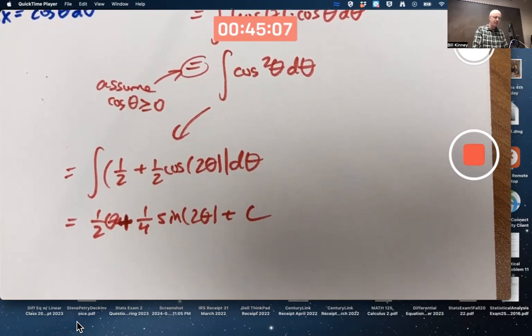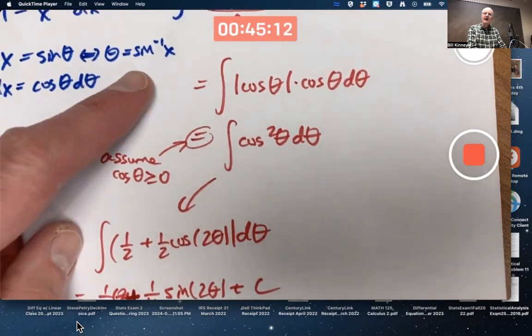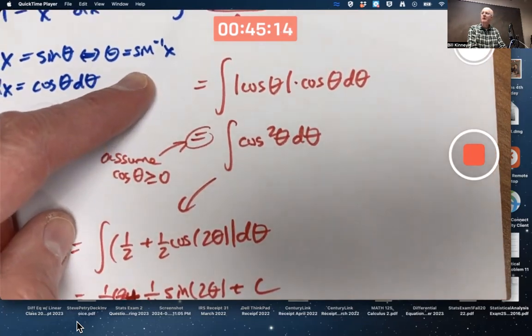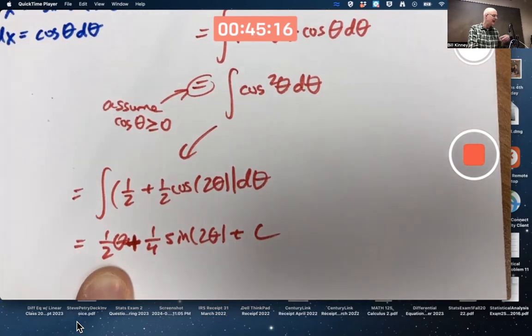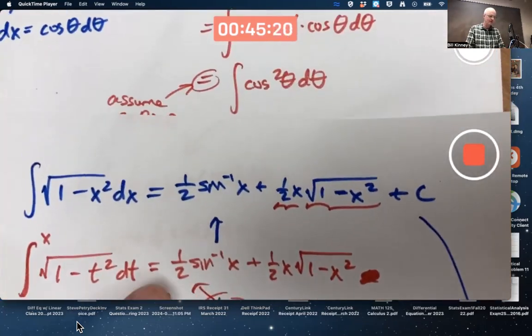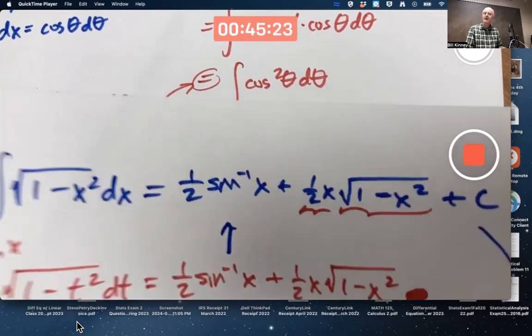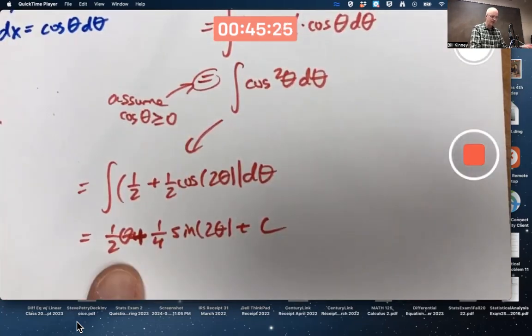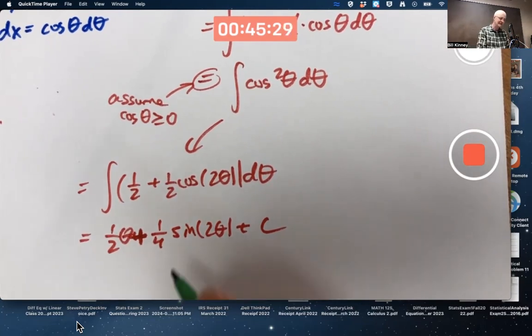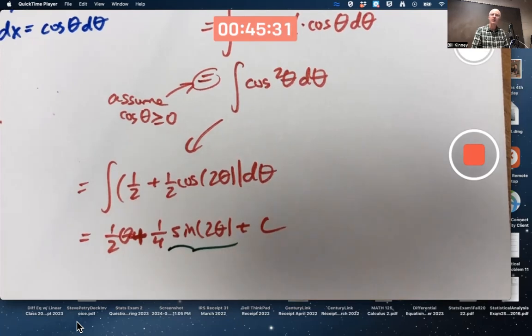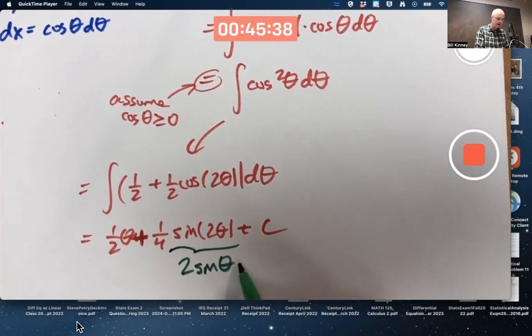The 1/2 theta part looks good if you think about it, because theta is inverse sine, so this is 1/2 times inverse sine, just like we got with the other method. So that part looks good, but what about that part? More identities. Use that double angle formula that we did use on Wednesday as well. Sine 2 theta is 2 sine theta cos theta.